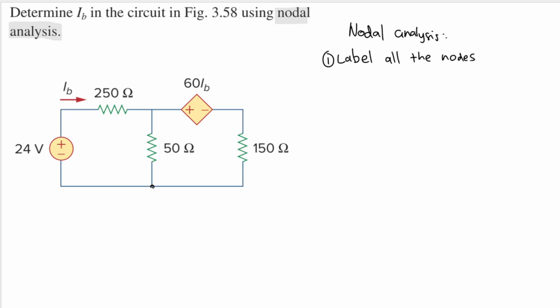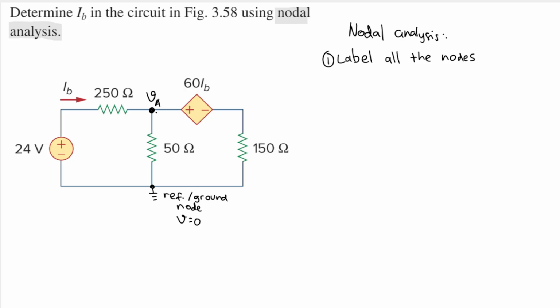Let's set the bottommost node as our reference or ground node. That means the voltage at this node is equal to 0. And we have one essential node here. Let's name this node A. Thus, the voltage here is VA.